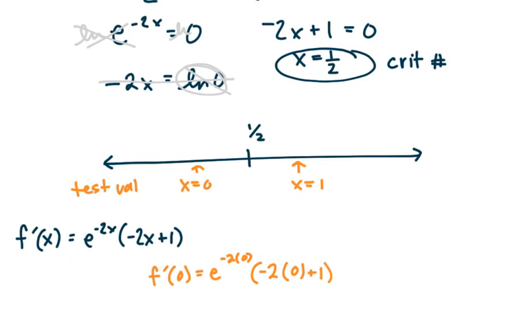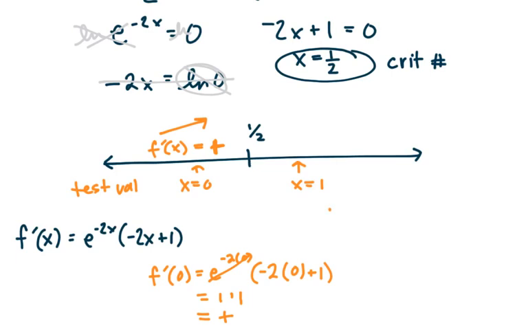So e to the 0 is 1. Negative 2 times 0 plus 1 is 1. And 1 times 1 equals a positive value here. So what we know is that f prime of x, any value I'd choose, would be positive. And positive to us is going to indicate that the graph is increasing.